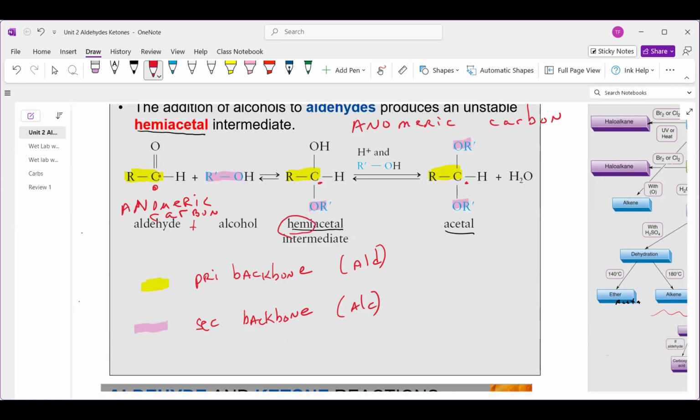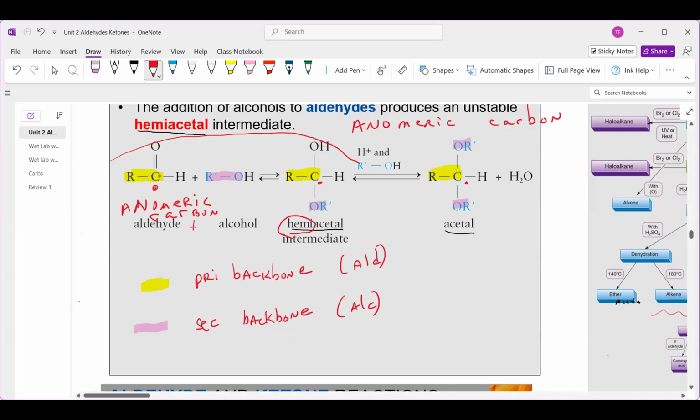Think of the word hemi as partial. Okay, so the first step is this guy here. So we have the first attachment.